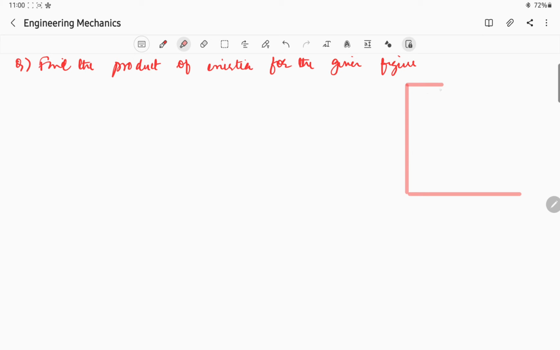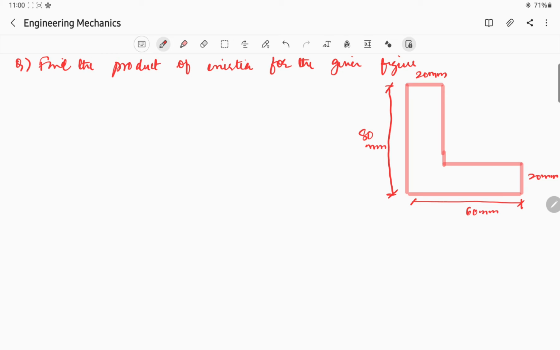This is the L section given to us. So these dimensions are given as 20 mm. This dimension is given as 80 mm. This dimension is 20 mm, and this one is given as 60 mm. So this is the given figure given to us.